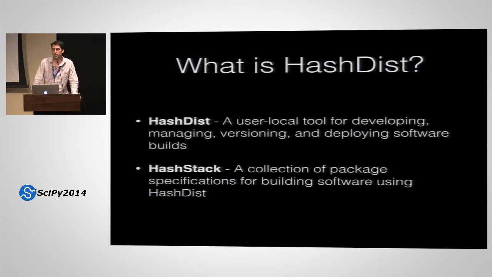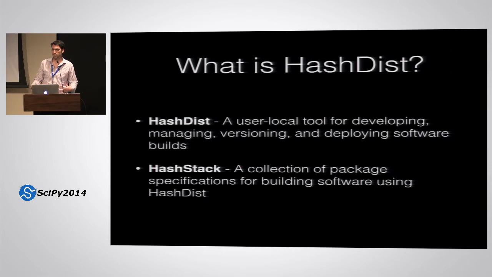Okay, so what are we? We are a package manager, and we're also a default collection of packages. HashDist does all of the building, it does the smart caching, so it's like your pip. HashStack, it's kind of hard to explain. If you know what Conda is, it's like Conda recipes. It's a set of instructions for how to build these packages, but it's very lightweight.